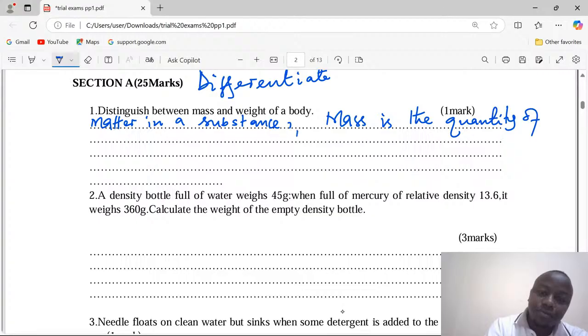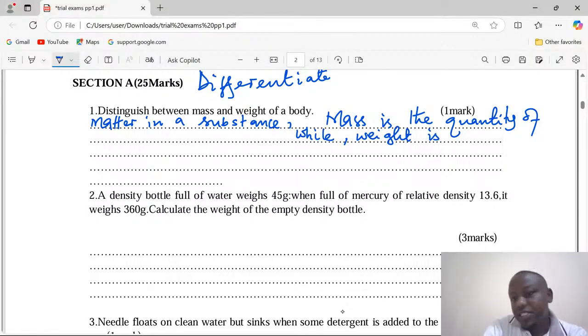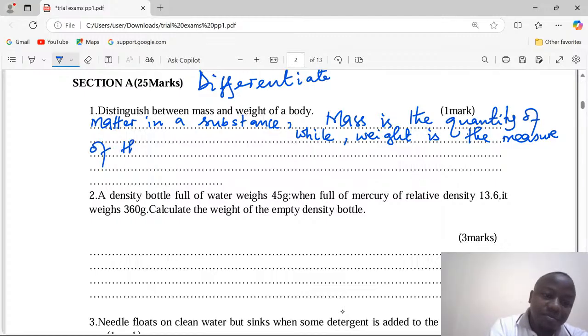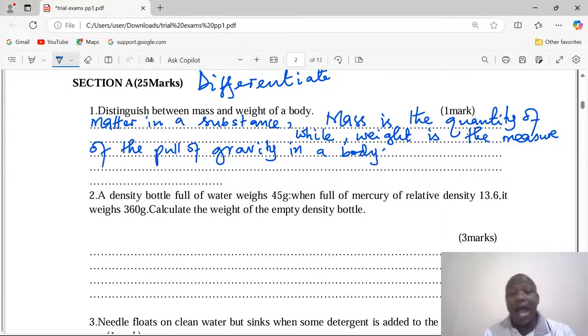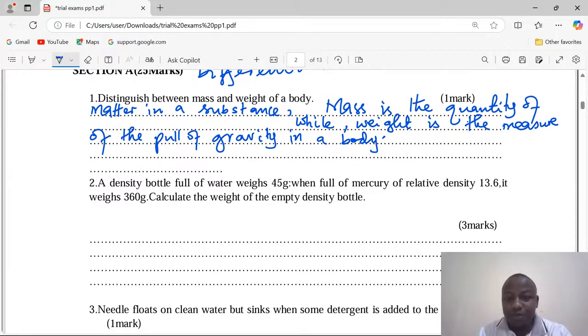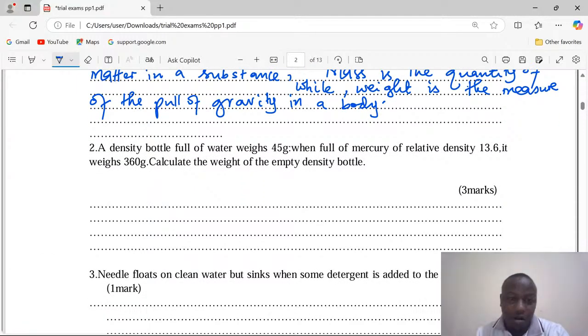While, sorry, I didn't check that line well, but we say that weight is the measure of the pull of gravity in an object or in a body. So when I say distinguish, then I expect the difference based on the specific definitions of the two.